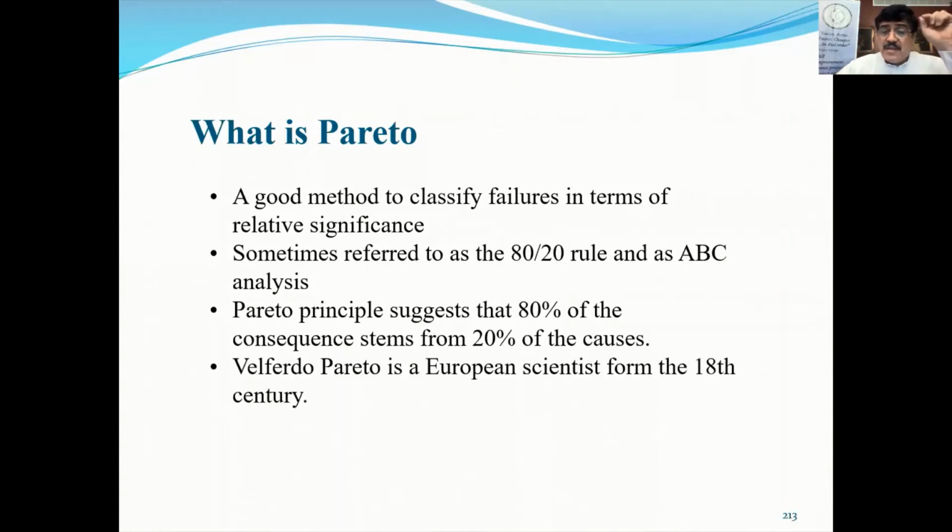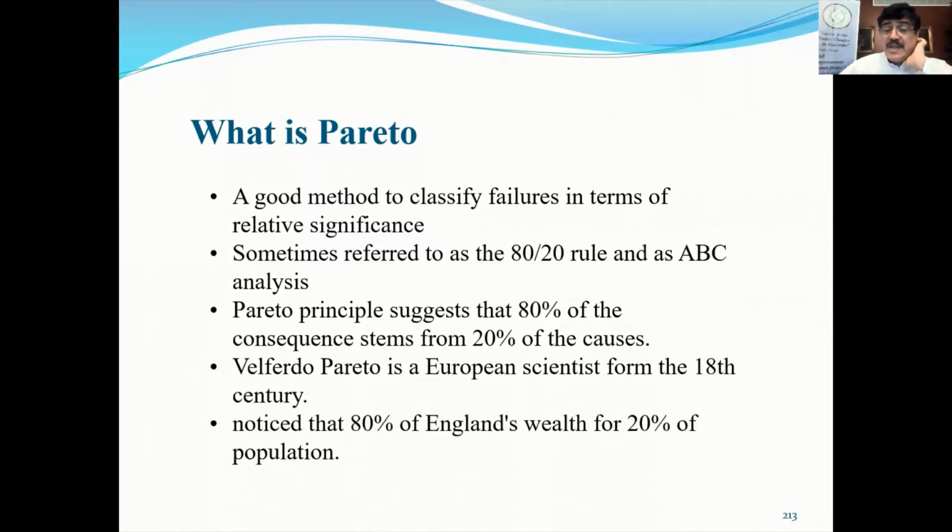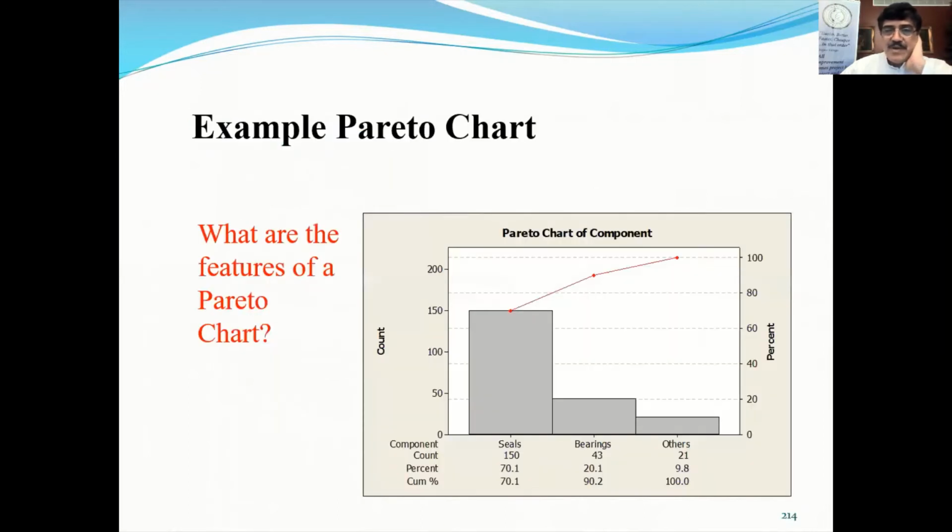Pareto was a European scientist from the 18th century, and he noticed that 80% of England's wealth is with 20% of the population, and to his surprise, it was all the same all over Europe. I think 80-20 is no more 80-20. It's probably 95-5 now, but that's where it's coming from.